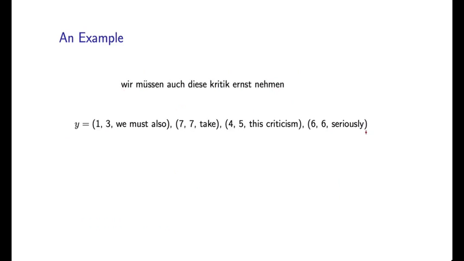This is one possible derivation, y, and I'm going to calculate f of y, which is going to be the score for this particular derivation. As I said, this is going to consist of a sum of three terms. A language model score. So first we have the language model.